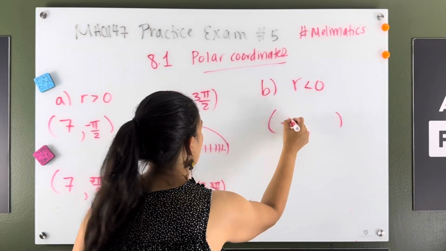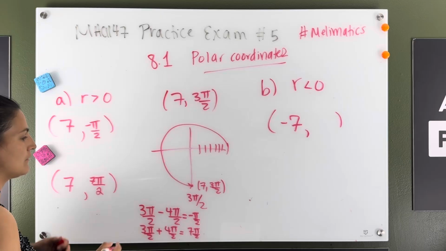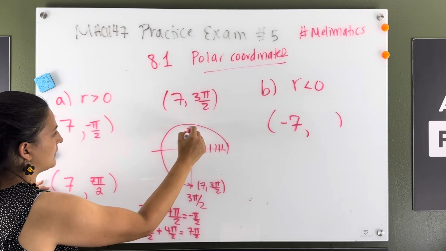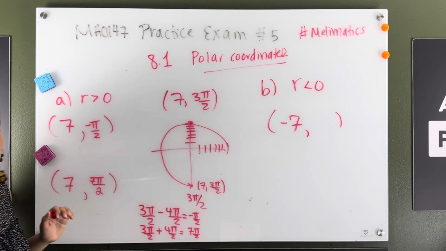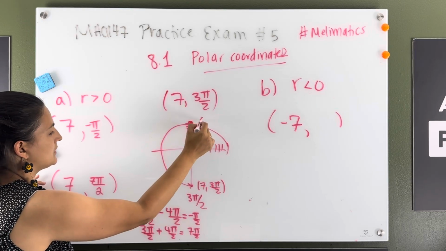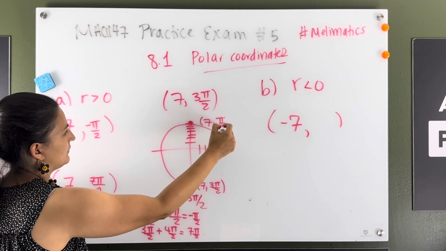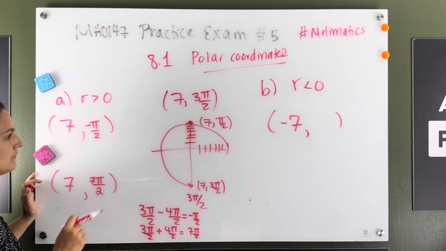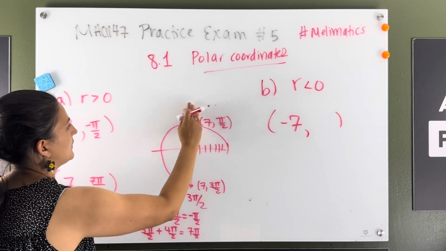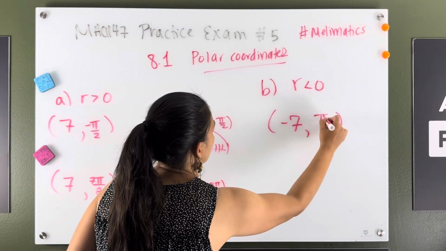Well, when r is negative, such as -7, now we're 1, 2, 3, 4, 5, 6, 7. Now we're up here, right? We already know that this is pi over 2, right? So I'm gonna erase this so we don't get confused. So it's pi over 2.